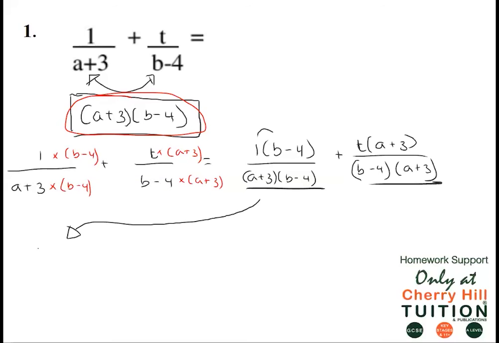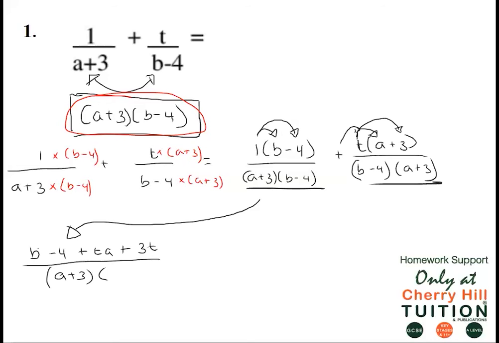So 1 multiplied by b is b. 1 multiplied by minus 4 is minus 4. And then we have plus t multiplied by a, which is ta, and t multiplied by +3, which is 3t, all over the denominator (a+3)(b-4).